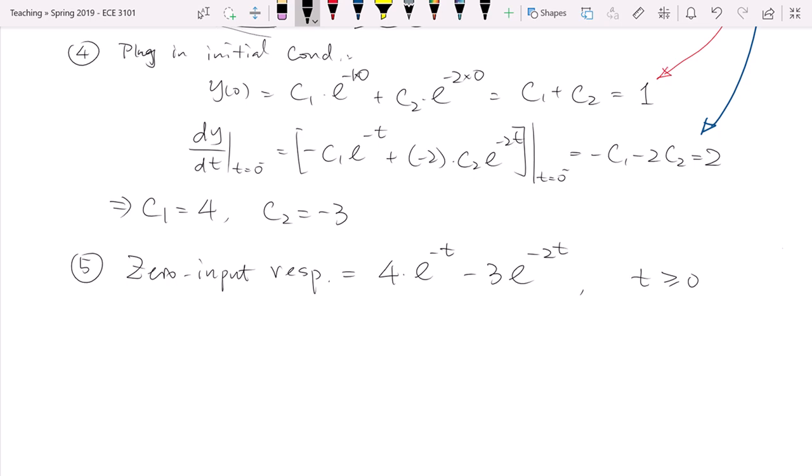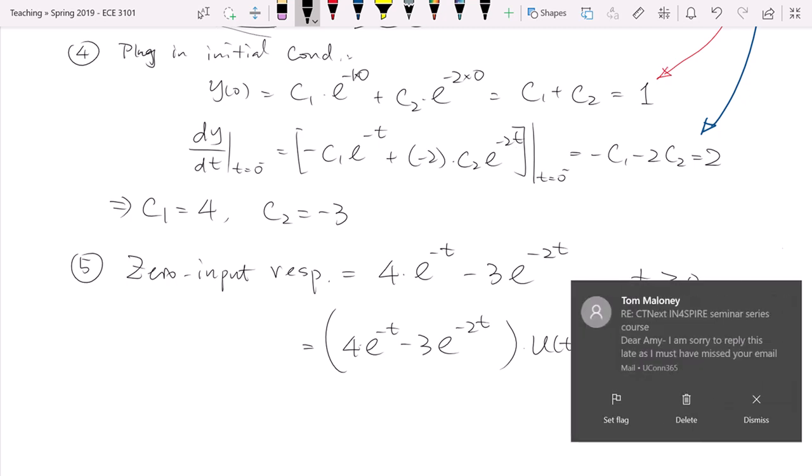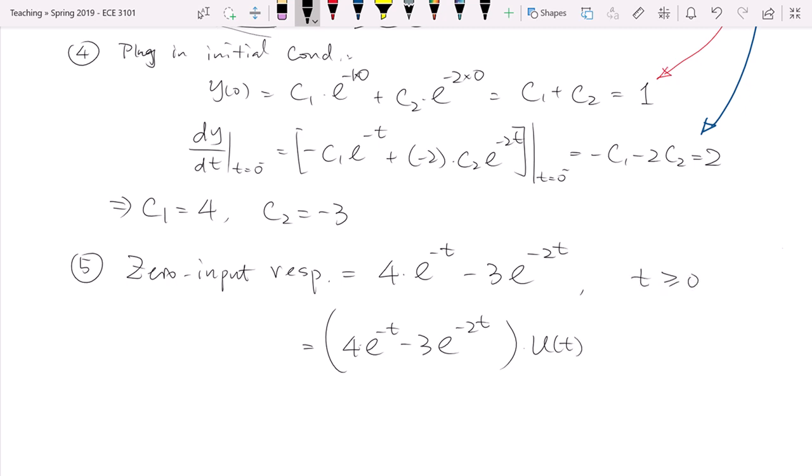Another way to express this is, since we have the unit step signal, you can rewrite it as a multiplication with the unit step signal, to turn it on at t equal to 0. That is how the initial condition leads to this response, 4 e to the negative t minus 3 times e to the negative 2t.